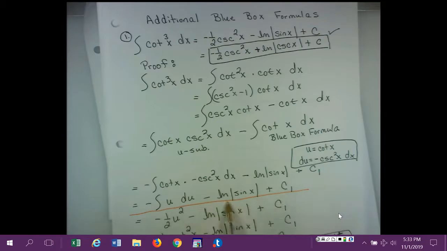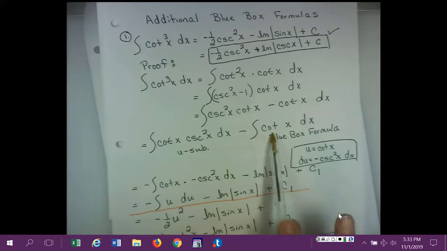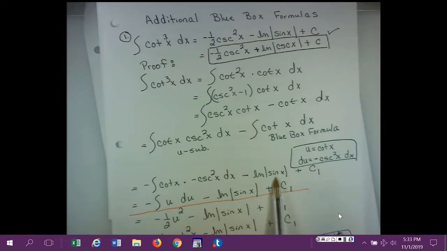And where you see me have minus the natural log absolute value of sine x, that is the blue box special. So minus, if we go from the antiderivative of cotangent to this, that's the blue box formula for cotangent x. It is natural log absolute value of sine x.